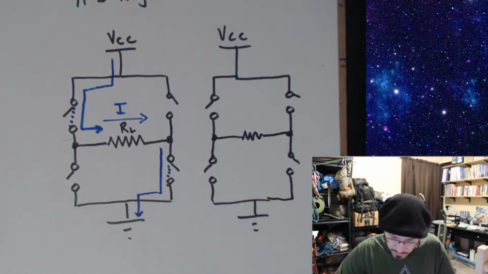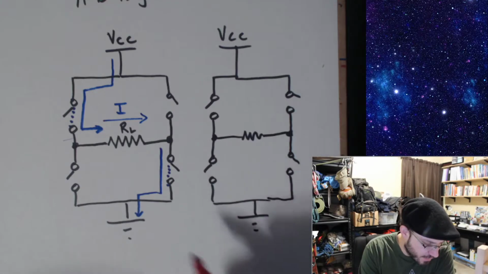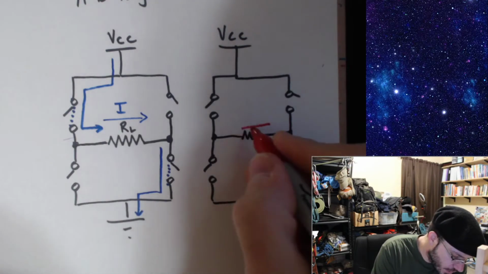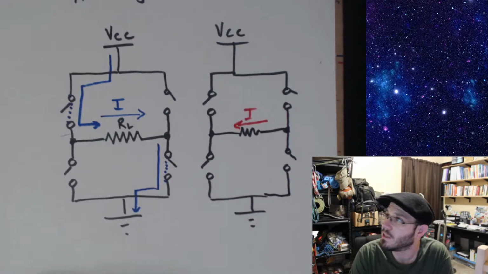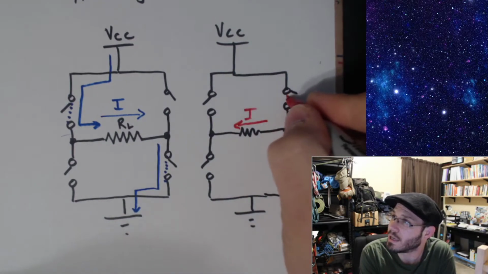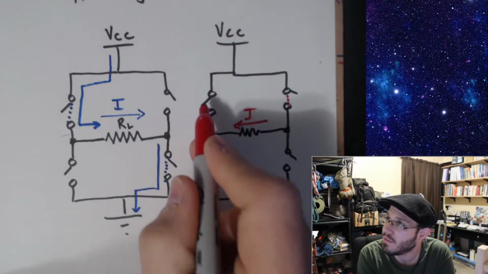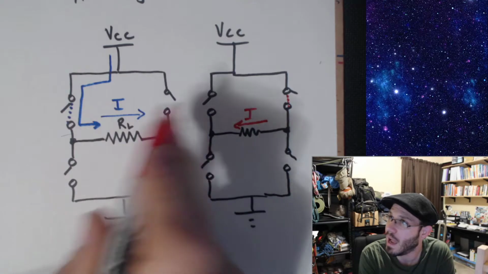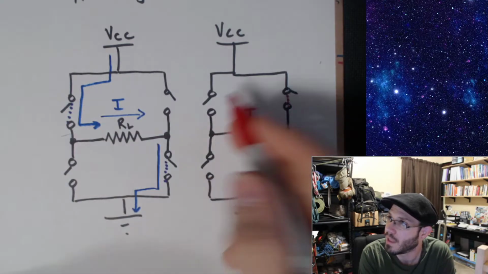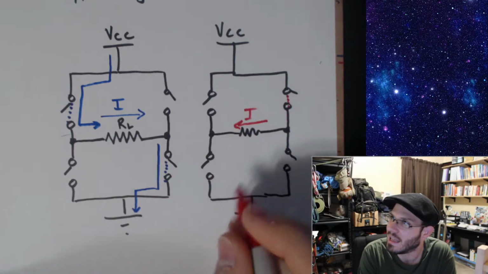All I have to do if I wanted the current to now, instead of going from left to right, go from right to left, is close this switch. I leave this one open. So this one that was previously closed to make the current go to the right, all I have to do is open that one up and close this one instead.